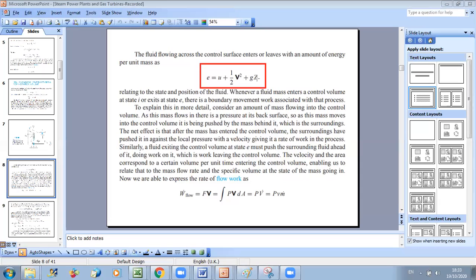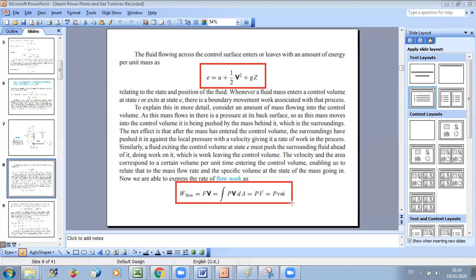This means that this fluid gave energy to my system. Okay. On the other hand, I should also look at the work it's performing when it's entering and leaving my system. This is why we define what is called the flow work, the rate of flow work.